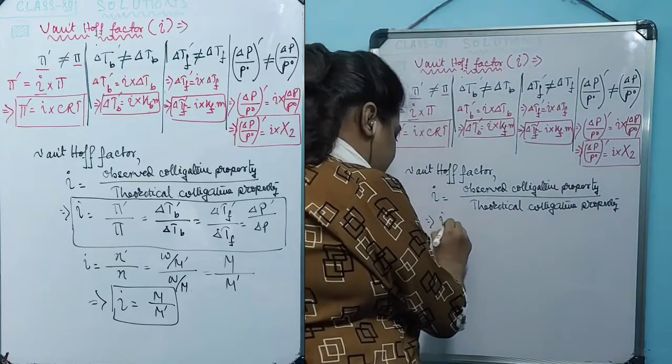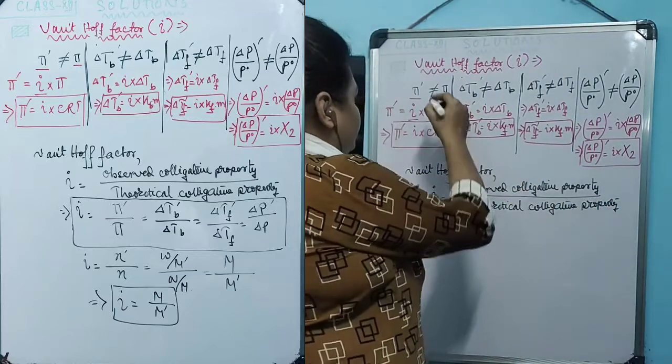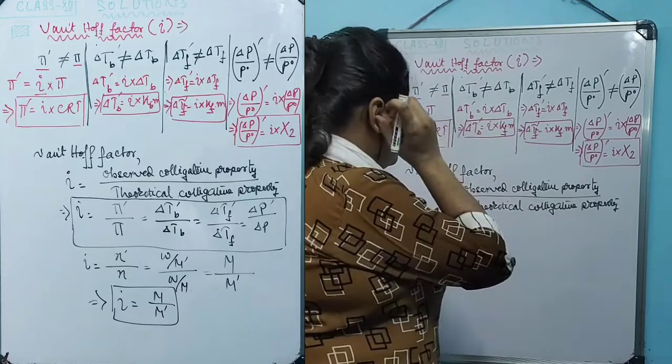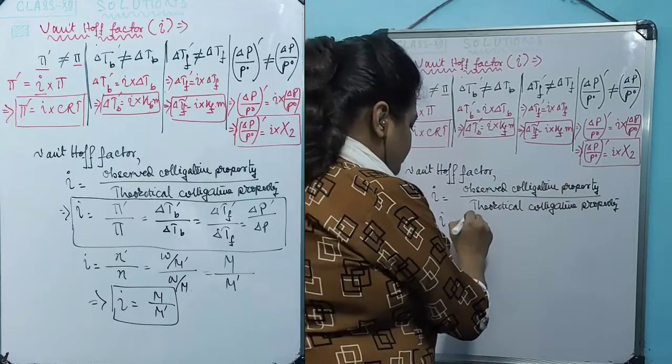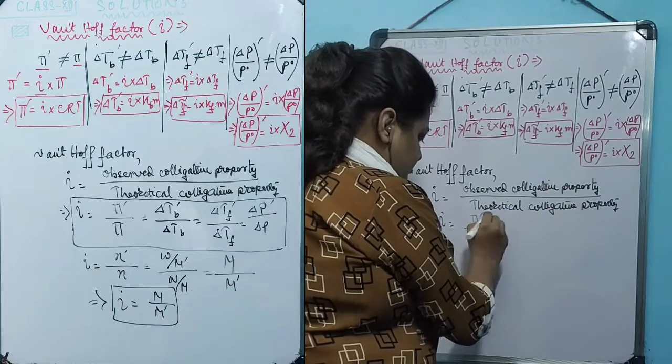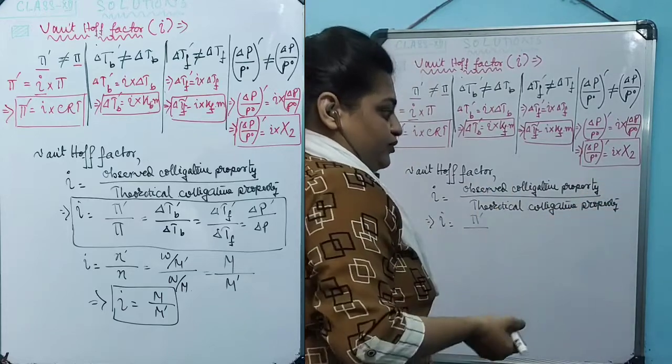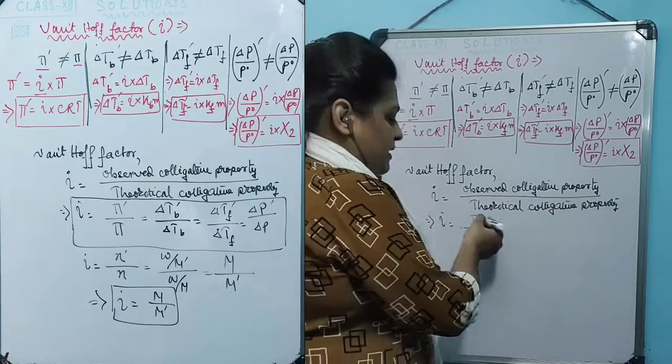Therefore, you can write theoretical colligative property with respect to osmotic pressure as pi, and observed colligative property with respect to osmotic pressure as pi prime.